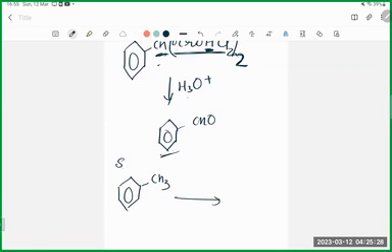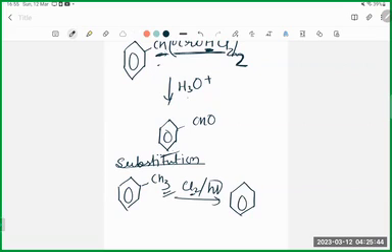One more thing we can do with this aromatic hydrocarbon. This is actually a substitution reaction. In this, chlorine will be there, reacting with light. How many hydrogens will be removed? Because there are two chlorines, two hydrogens will be out. When two hydrogens are out, we get CHCl2, right?